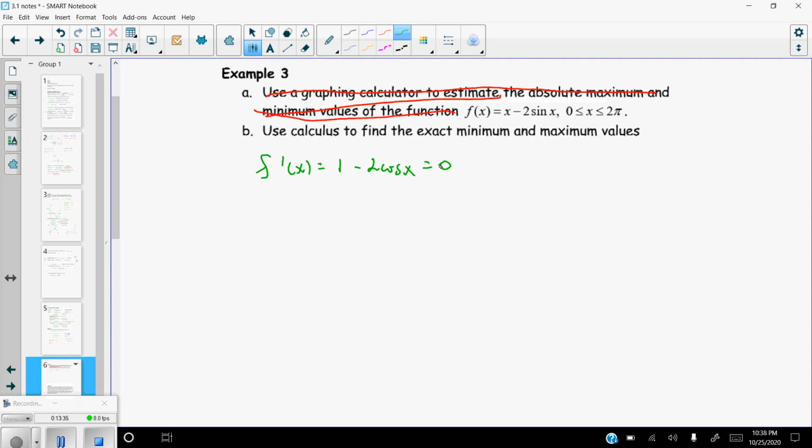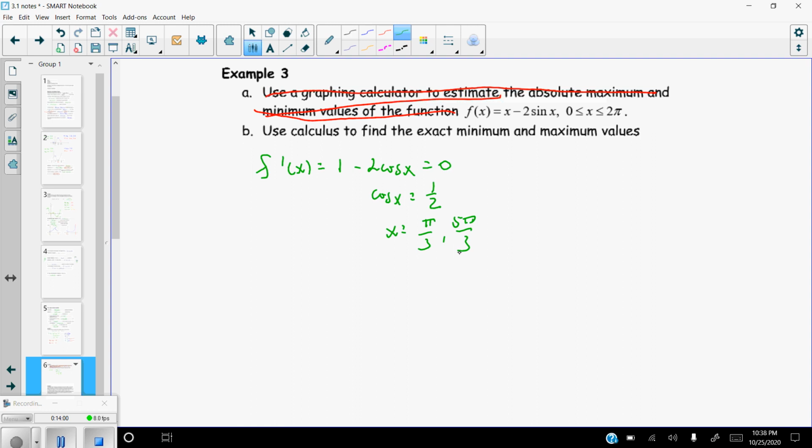So let's see, if we subtract 1 and divide by -2, you're going to get that cosine of x is 1/2, which means, going back to our circle stuff, that x would have to be at the pi thirds. And it's going to be positive in first and fourth quadrant, so that's going to be 5 pi thirds as well. So there's your critical values because we're only going from 0 to 2 pi.